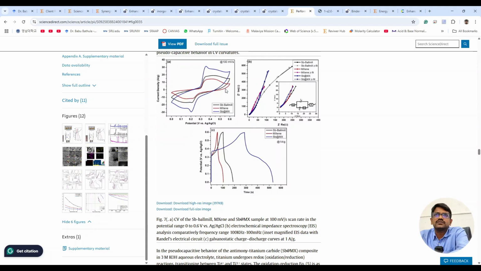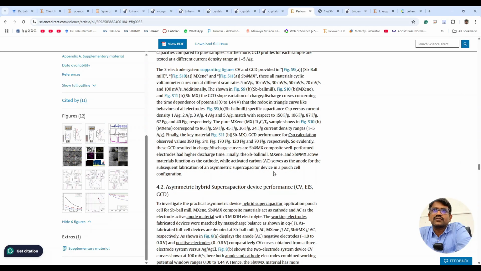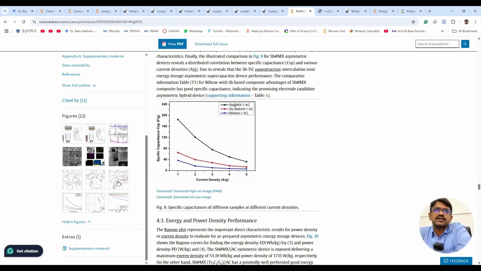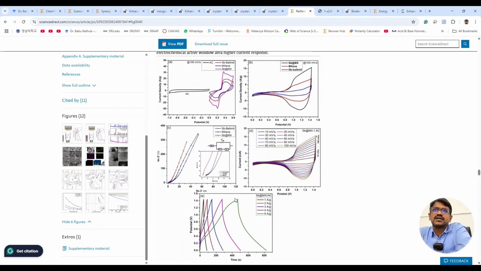We have prepared it in three ways. Charge discharge conditions, and this is cyclic voltammetry.